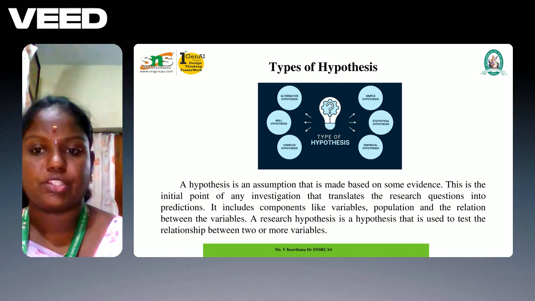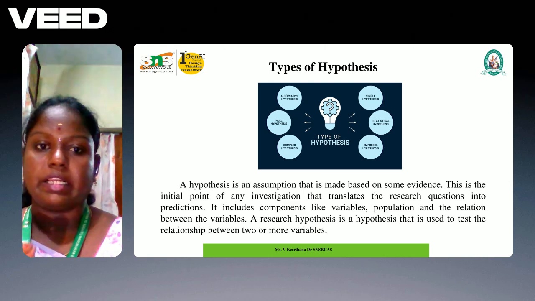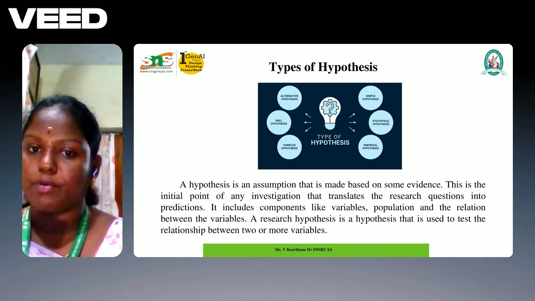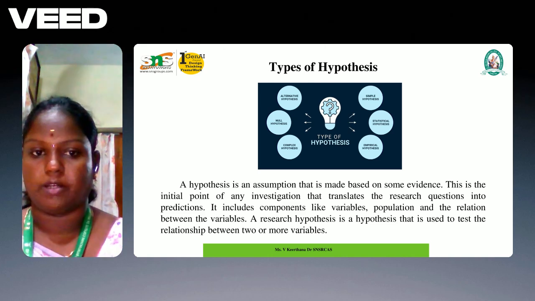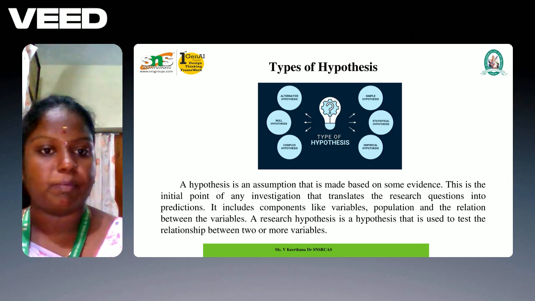Next is directional hypothesis. It shows a researcher is intellectual and committed to a particular outcome. The relationship between two variables can predict its nature. For example, children aged 4 years eating proper food over a 5-year period have a higher IQ level than children not having a proper meal.